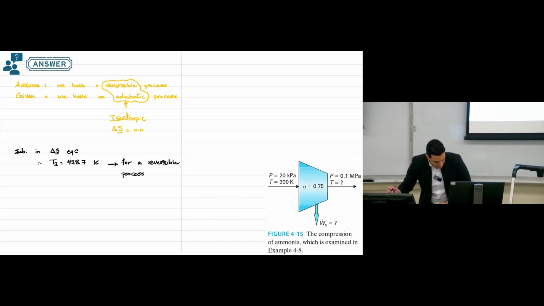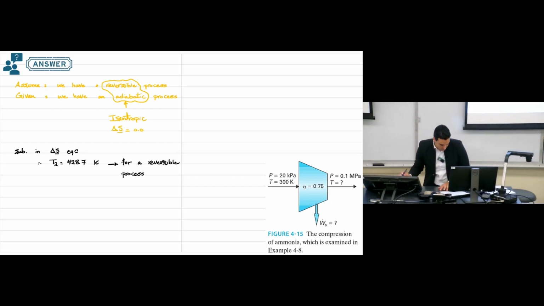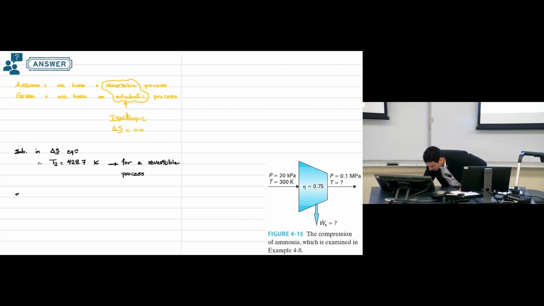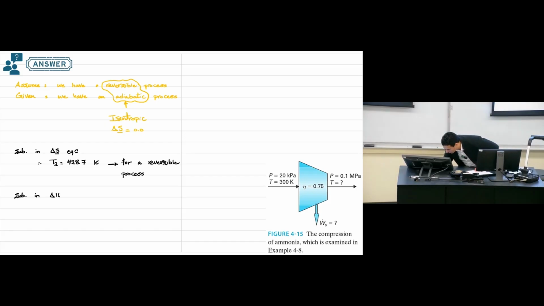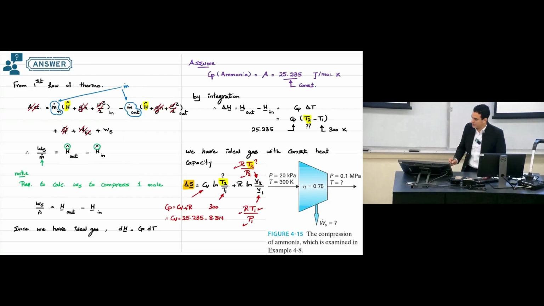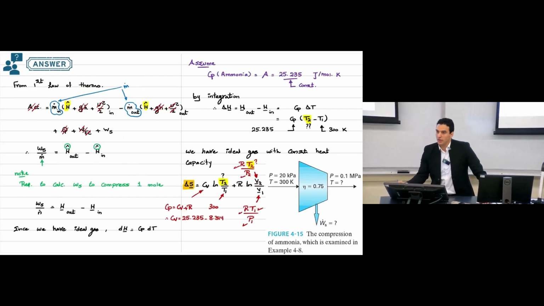So now we can substitute in the delta H equation, that we have delta H is Cp (T2 minus T1).